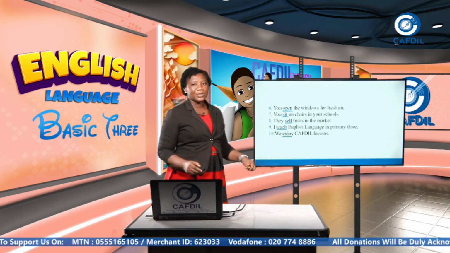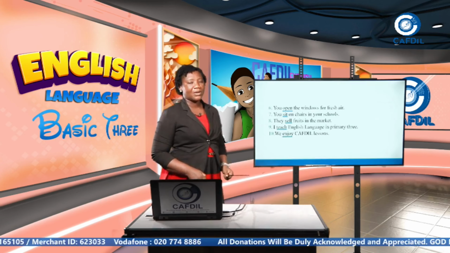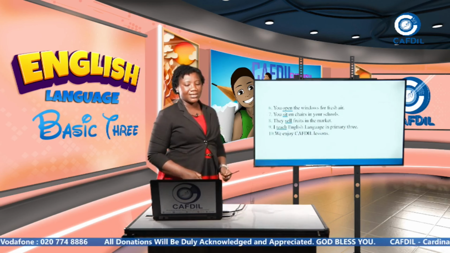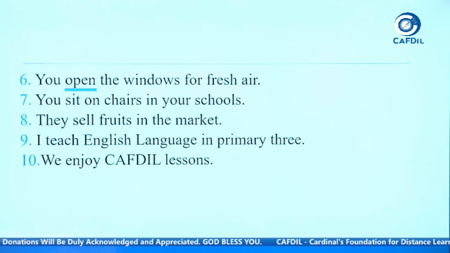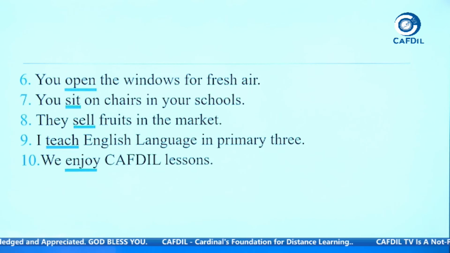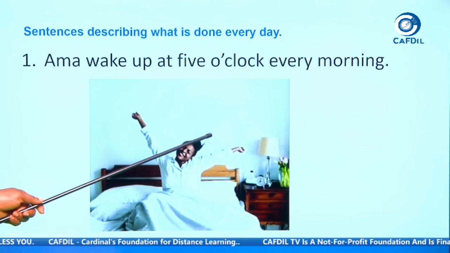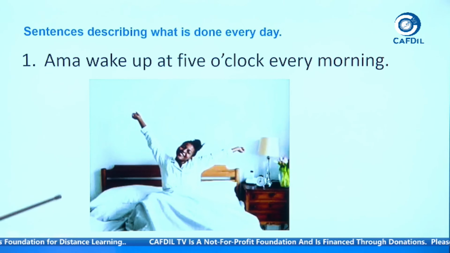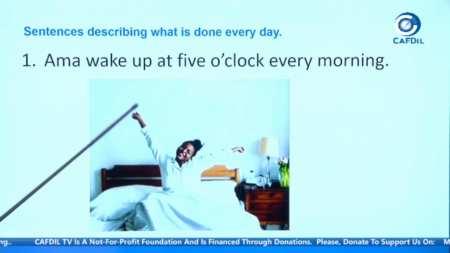Good. So today, we are going to continue with our lesson, and we are going to look at the present tense. So, we have our picture, and we are going to write sentences to describe our picture.